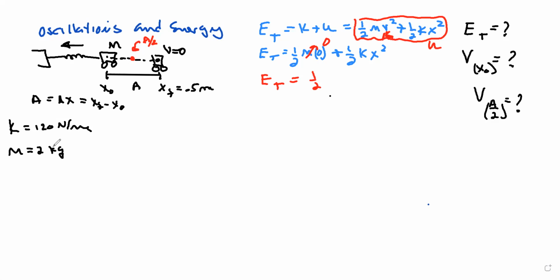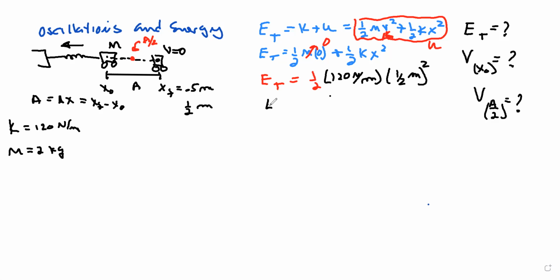So we have 1/2 of k, which is 120 Newton per meter, times 1/2 meters squared, because x is 0.5, which is 1/2 meter.